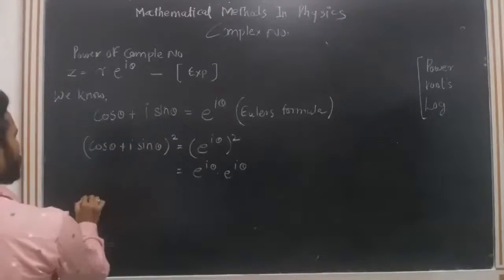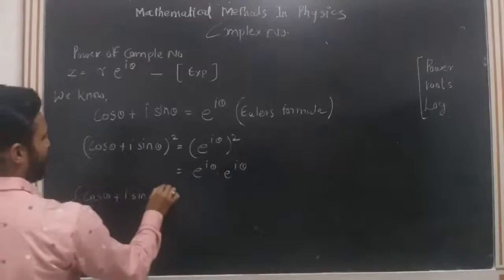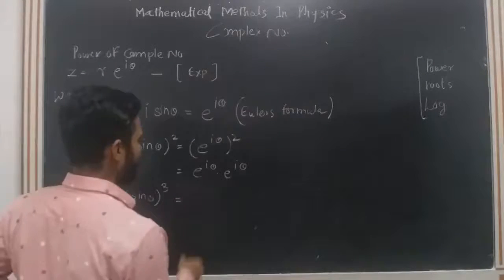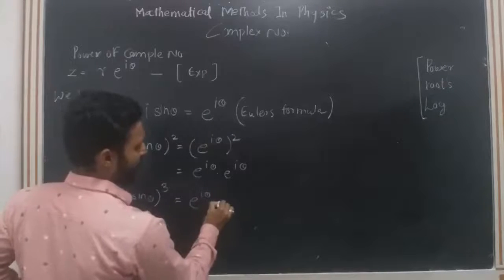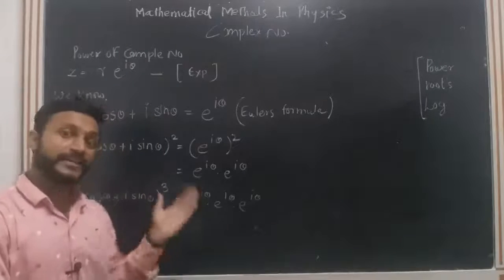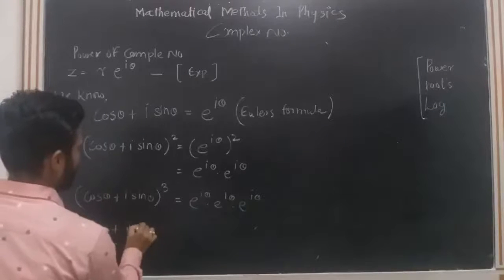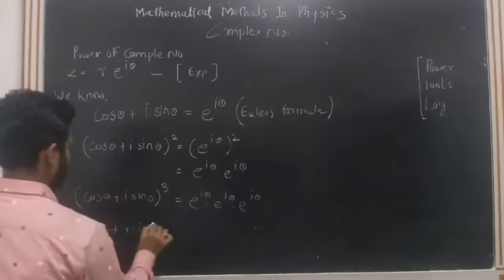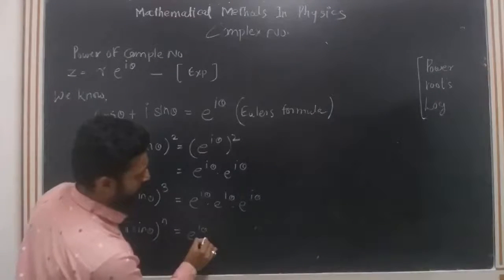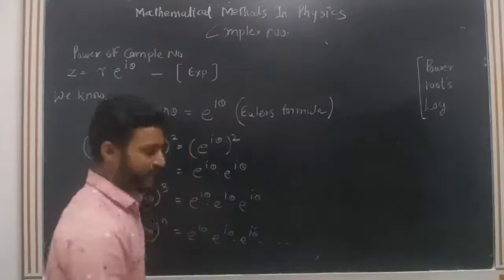Let's make a cube. (cos theta plus i sin theta) cubed, if you raise to the power 3, then we can write this as e raised to i theta into e raised to i theta into e raised to i theta. Then the nth power of this term, (cos theta plus i sin theta) raised to the power n, we can rewrite as e raised to i theta multiplied up to n times.